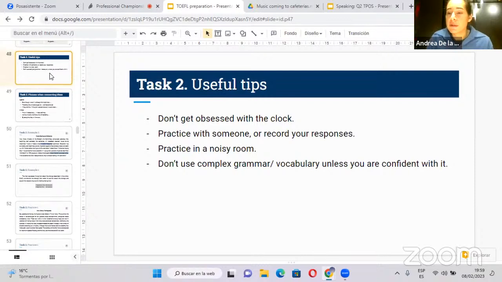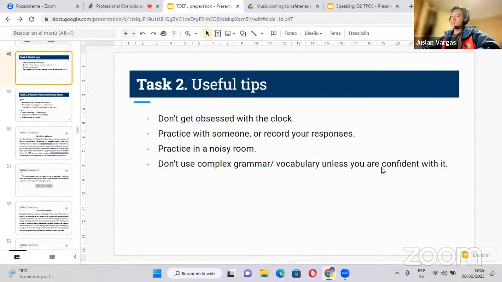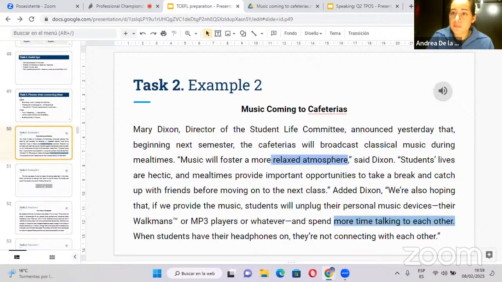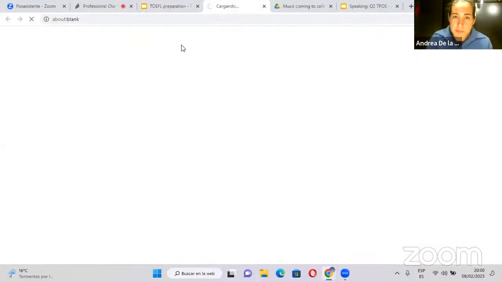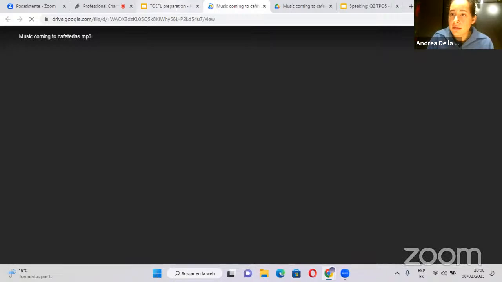Teacher, I think we don't have access to the audio of the samples. You don't have access to them? No. Okay. Have you tried going to the link? Yes, it says that we don't have access to this. Okay. So what I'm gonna do is go to the audio files and change the access settings so that you can access them.